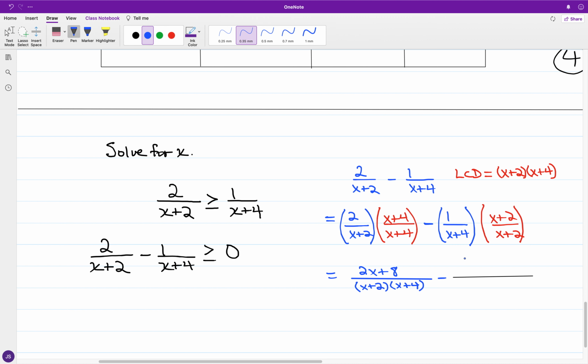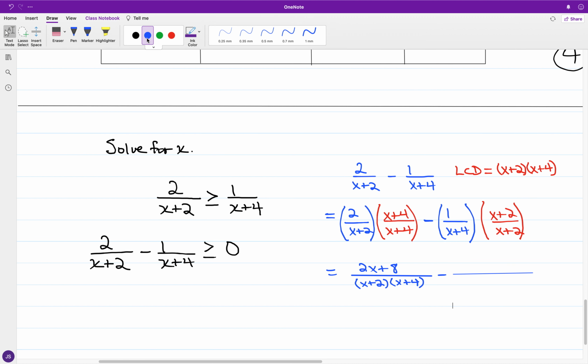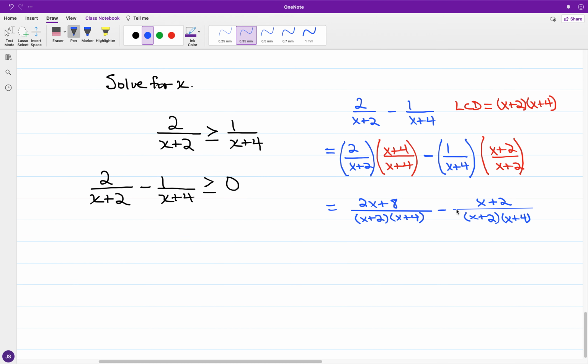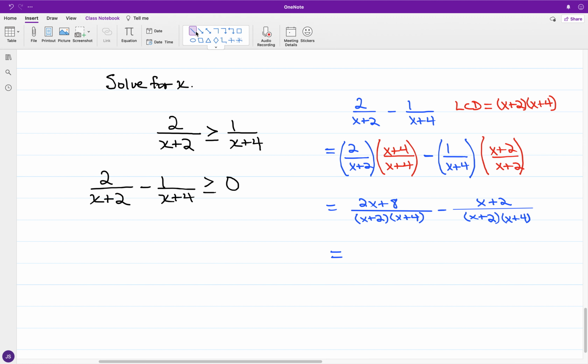For the second denominator, x plus 4 times x plus 2, same thing, and we have x plus 2 in the numerator. Now I've raised both fractions. For the second numerator, the terms will all be affected by the subtraction preceding it. So once I look at clustering both of these fractions, which now once again have the same denominator.